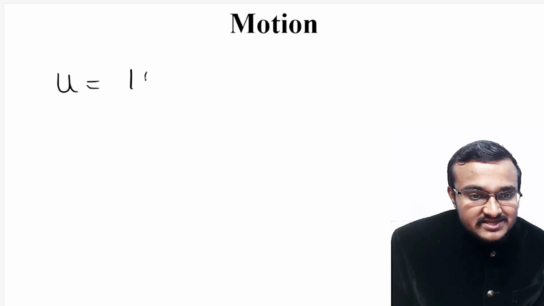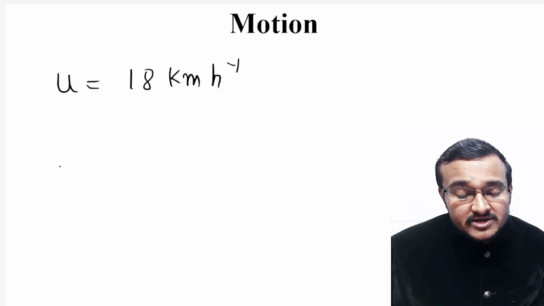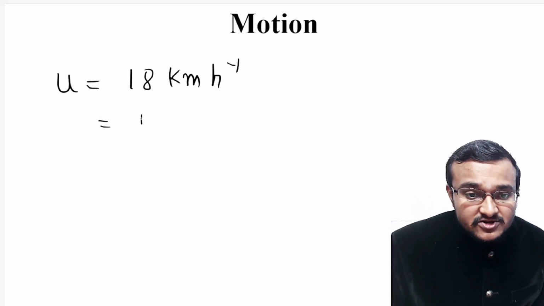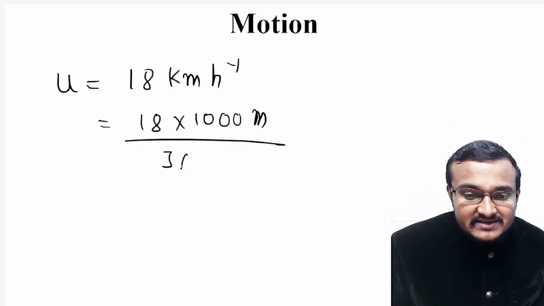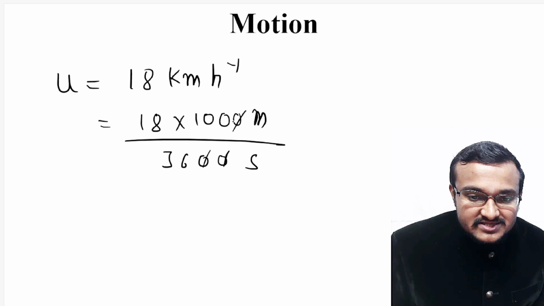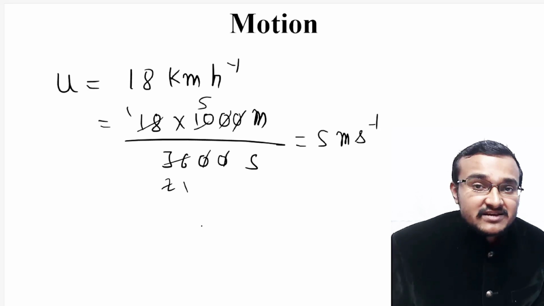So initial velocity is equal to 18 km per hour, which will be 18 into 1000 meter divided by, in the place of hour, 3600 seconds. So the zeros get cancelled with each other. So 18 ones are 18, twos are 36, 2 ones are 2, fives are 10. So 5 meter per second is the initial velocity.